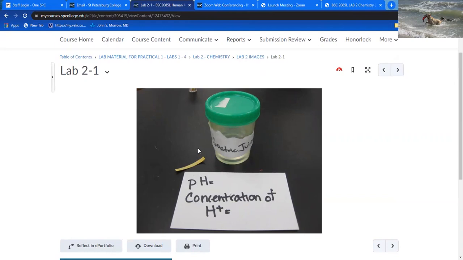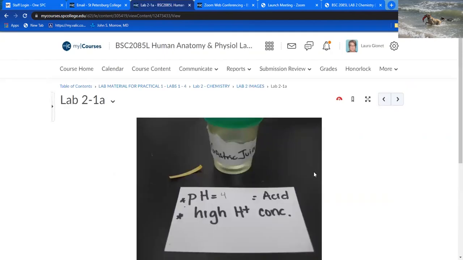And then here is a picture of something that contains a fluid, gastric juice. This is that first chart that we filled out: what might be the pH and what's the concentration of hydrogen ions. The pH is 4, 3.5, 3. It doesn't matter as long as it's in the acid range. I'm not going to ask you to memorize the pH of gastric juice at 3 or 4, but you do need to know that if it's a pH value of 4 or anything less than 7, it's an acid and the hydrogen ion concentration is high.